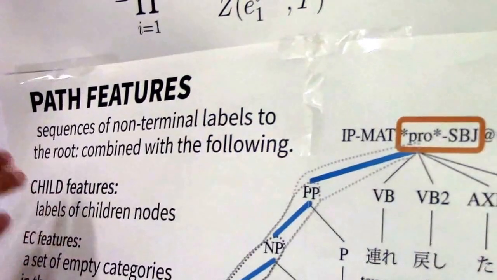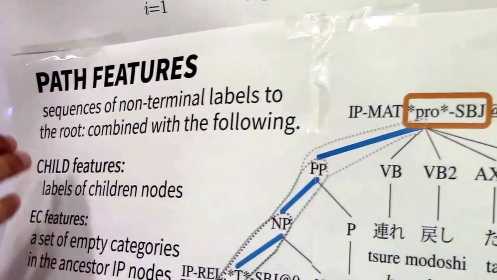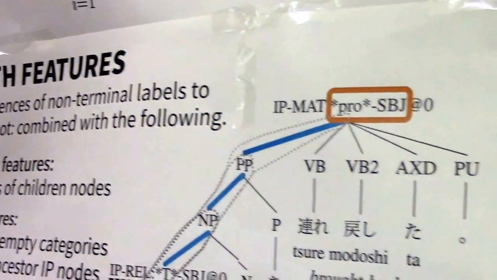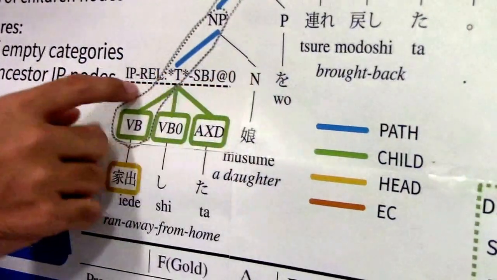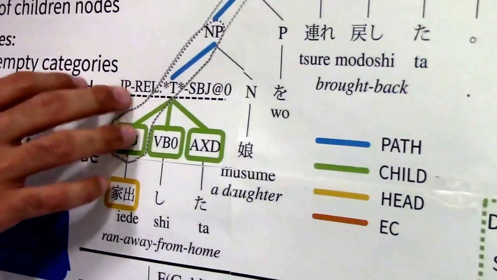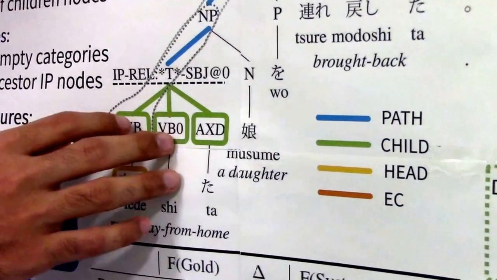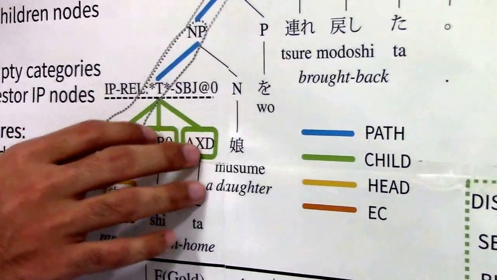Child features are the labels of children nodes. If I focus on this node IP rel, the child nodes are VB, VB0 and AXD.